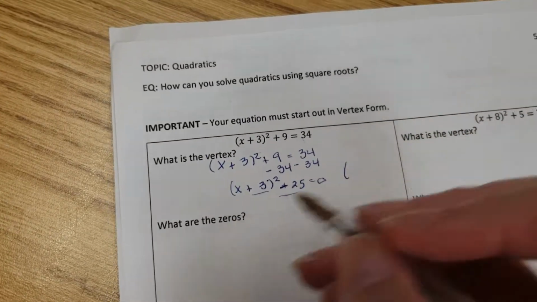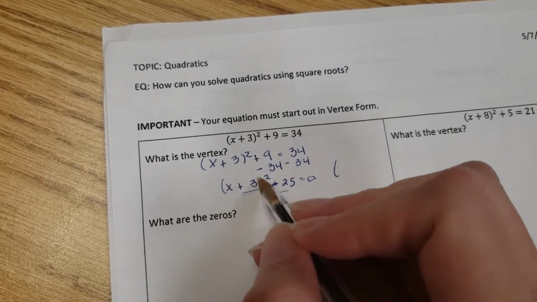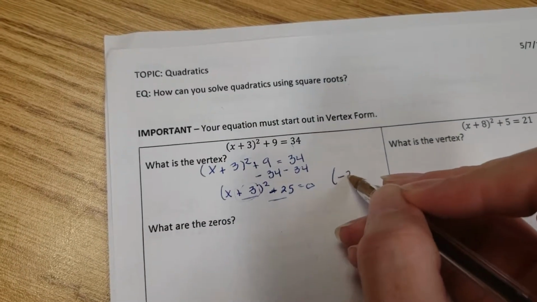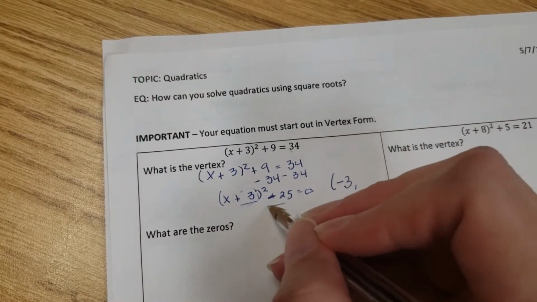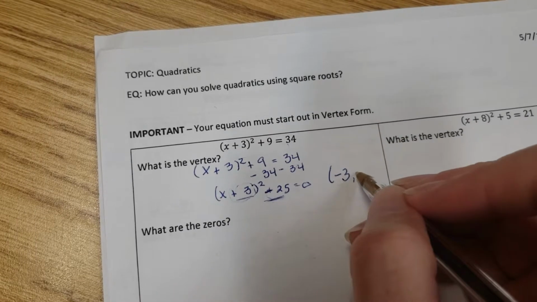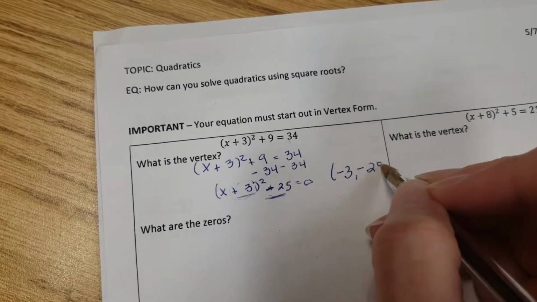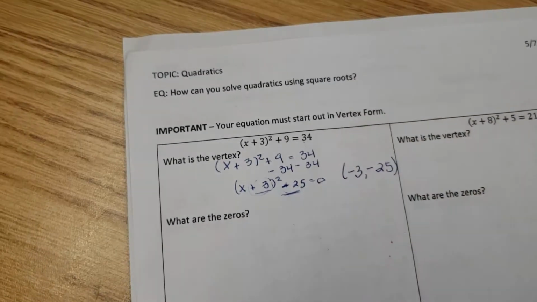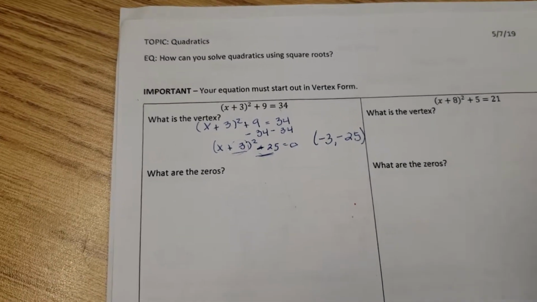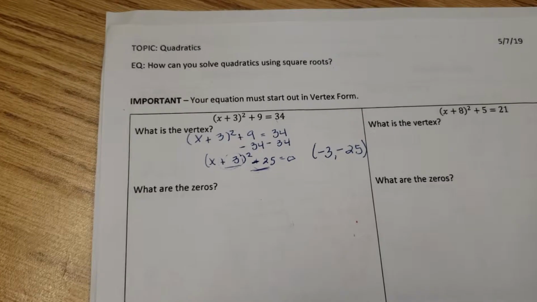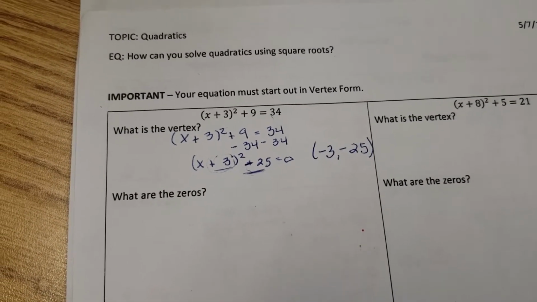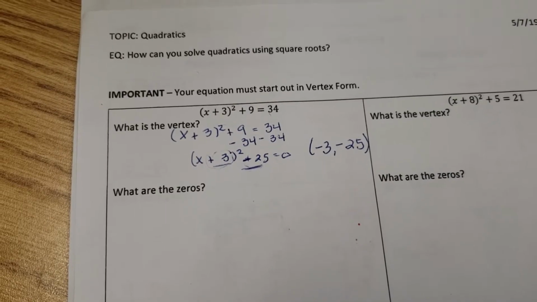The vertex, remember, the x-coordinate is always the opposite of this one. So this is positive 3, so the x-coordinate is going to be negative 3. And then the y-coordinate is always just this number right here, so negative 25. So we found one really important piece of information, that negative 25 gives us the minimum of our function. So it's the lowest most point of our function.